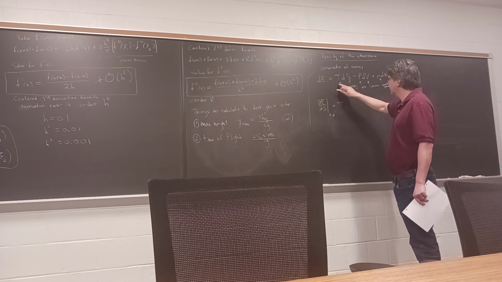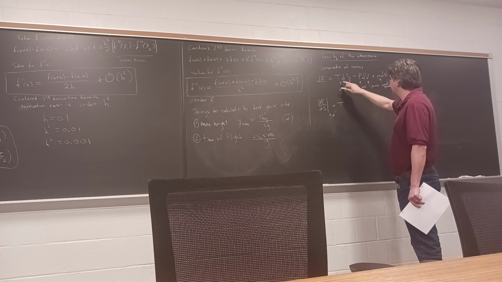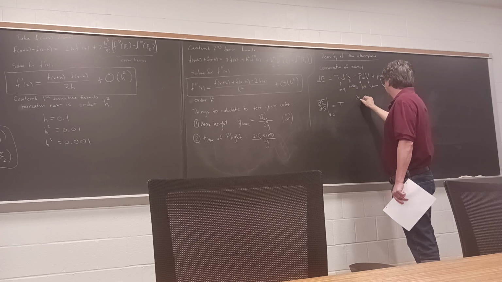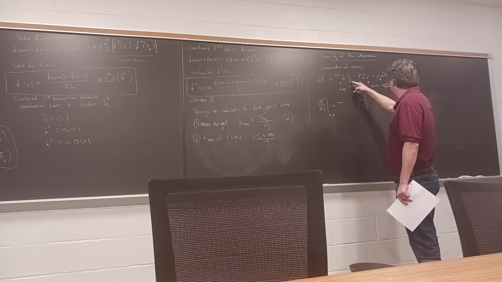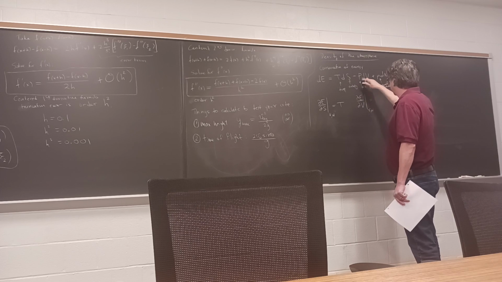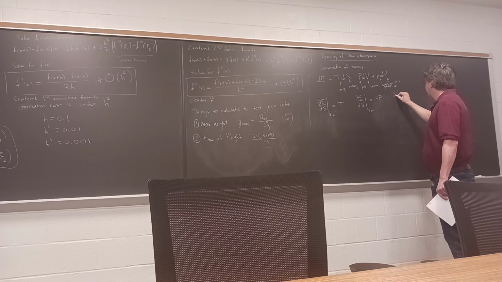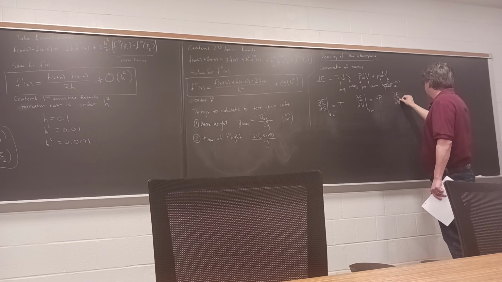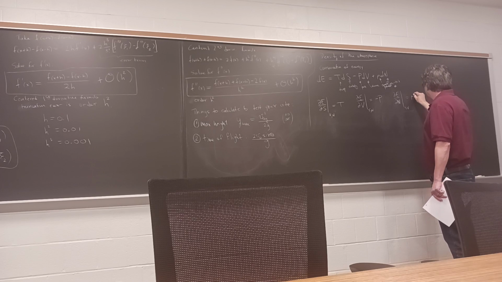So if we take this partial derivative dE by dS holding V and N constant, then we get T. And if we take the derivative dE by dV holding S and N constant, this is minus P, pressure, and then dE by dN, holding S and V constant, is mu, the chemical potential.